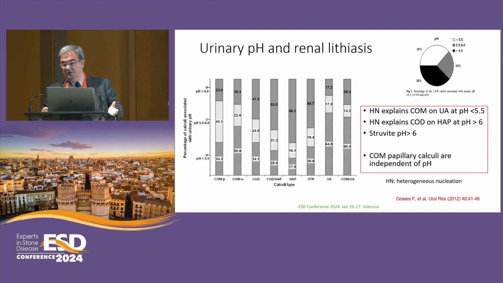It would be heterogeneous nucleation that would explain how calcium oxalate is formed on uric acid at pH below 5.5 and how hydroxyapatite would form at pH over 6. Calcium oxalate papillary calculi was found to be independent of pH.